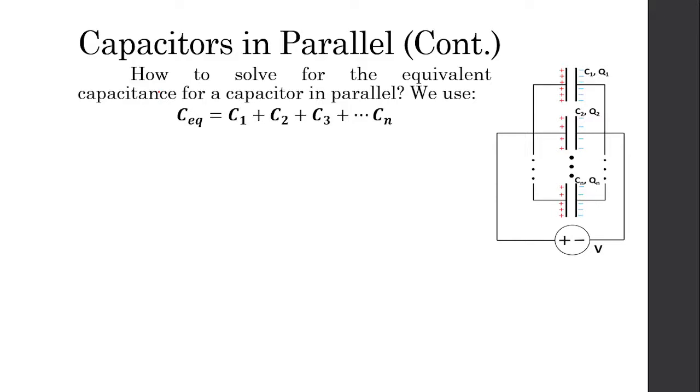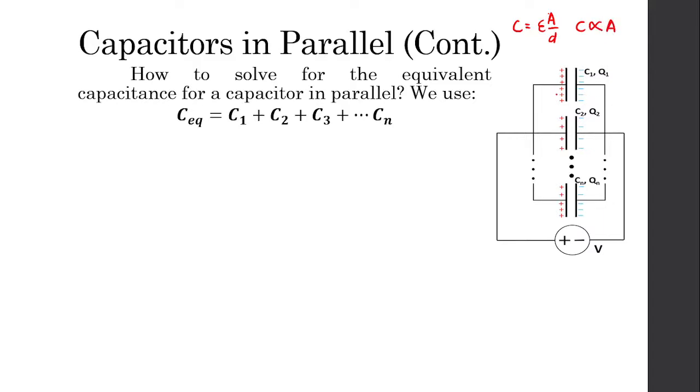Remember from the discussion in lesson 10, one thing that affects capacitance is area. Our equation for capacitance equals epsilon times area divided by the distance between the two plates, which means that the capacitance is directly proportional to the area.